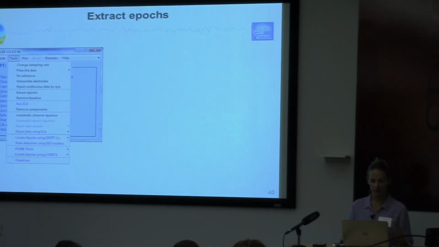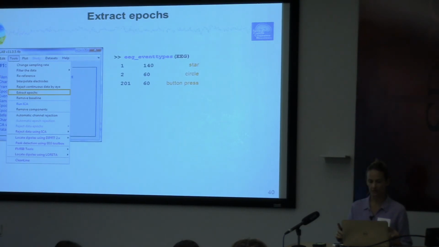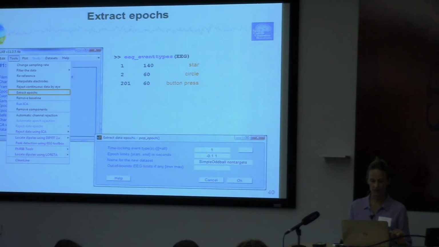So to extract epochs, you go to the Tools menu and the Extract Epochs function. In this data set, you have event code 12201, which corresponds to the star, the circle, and a button press. The non-target is the circle, and the target is the star.